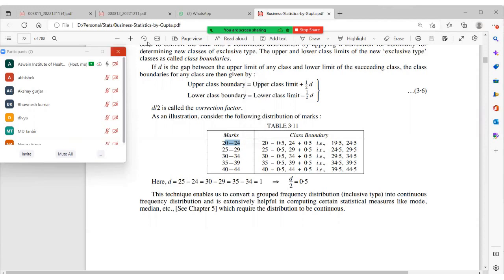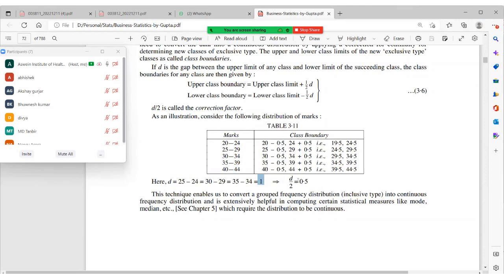So we can also change into this kind, which is called the true class limit. In the first class, the upper limit is 24 and the lower limit of the next class is 25. The difference of 25 and 24, or 30 and 29, or 35 and 34, in all the cases is 1.